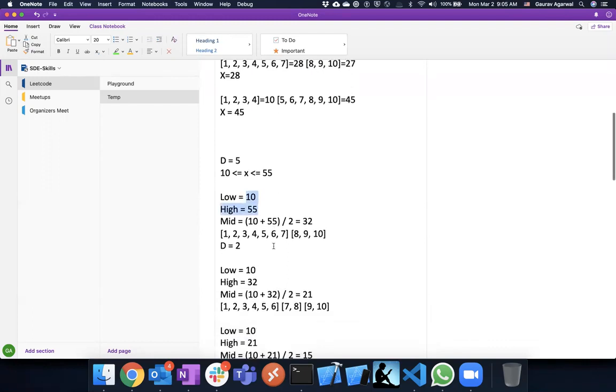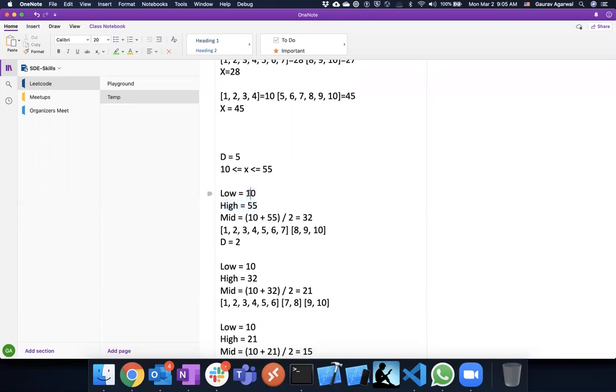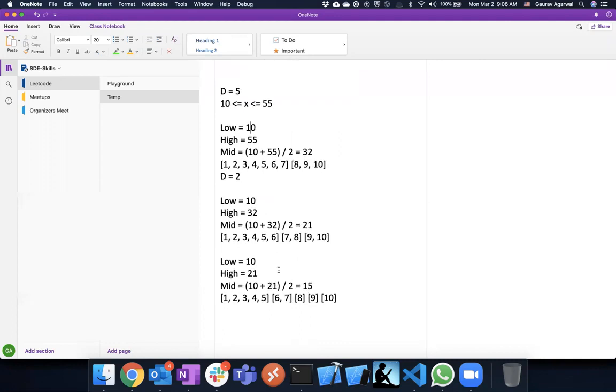Brute force approach can be, you start with 10, then 11, then 12, then 13. Repeat the same approach from 10 to 55, which is essentially maybe 46 times if you include that. You repeat the same process 46 times, and that's the brute force approach.